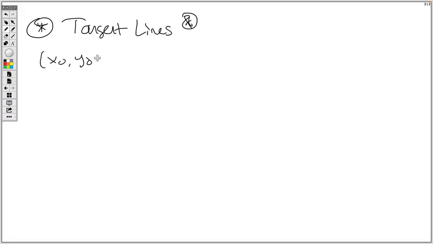So let's talk about the calculus of polar curves. Let's talk about tangent lines and stuff. We know for tangent lines, if you've got a point (x naught, y naught) that's on the graph, and you've got the slope of the tangent line, that's your dy/dx at the point.